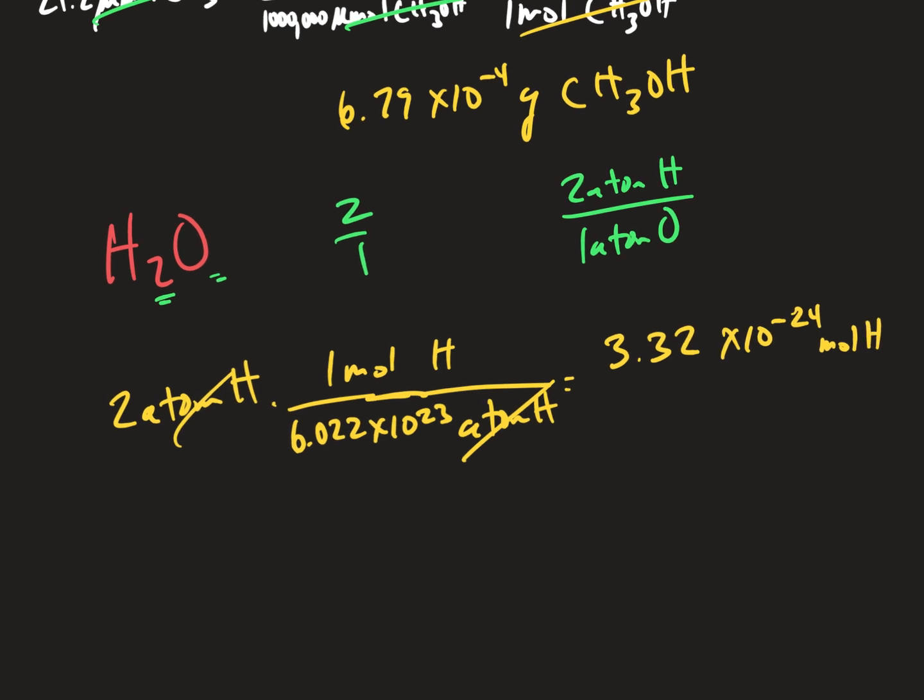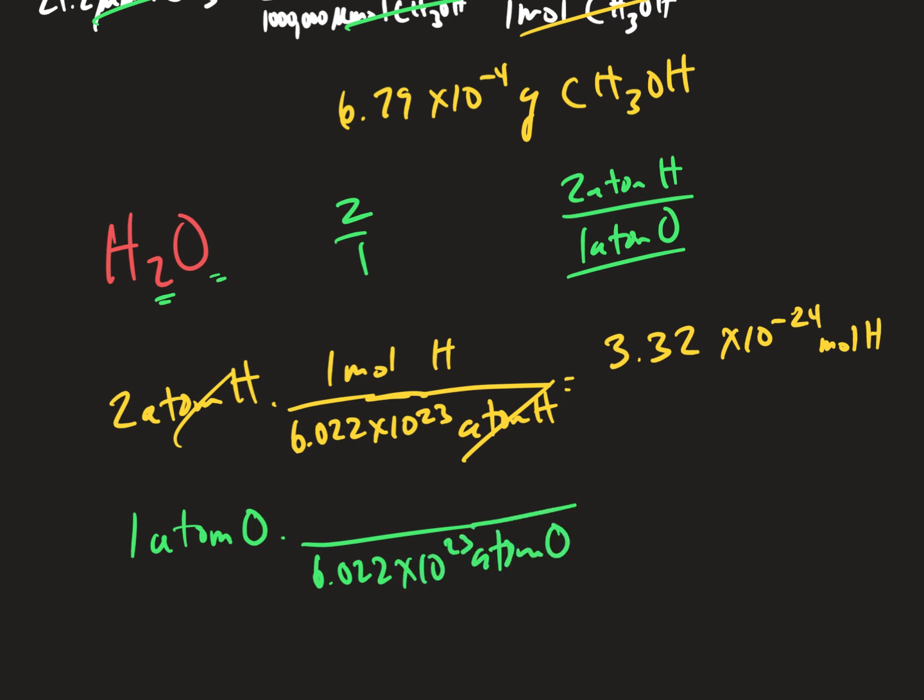Okay? Now let's do the same thing with oxygen. We have 1 atom of oxygen. And we do the same thing. 6.022 times 10 to the 23 atoms of oxygen to 1 mole of oxygen, right?